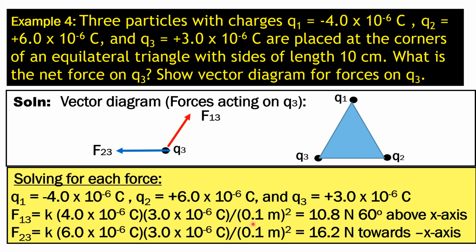Since in an equilateral triangle the sides are the same, that is 0.1 meter, we square that, and we will arrive at this amount of force for F13 equals 10.8 newtons.